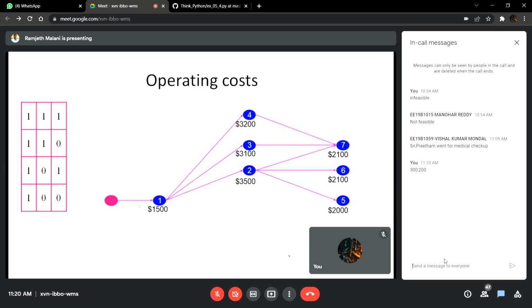Then we have to find out the transition costs.